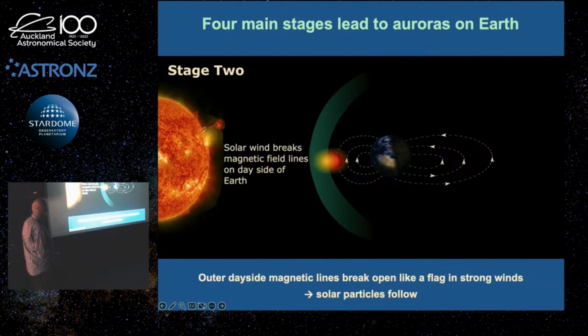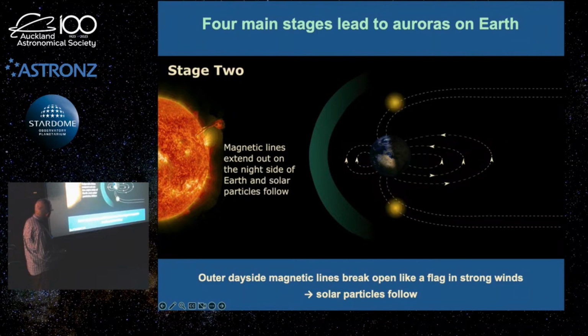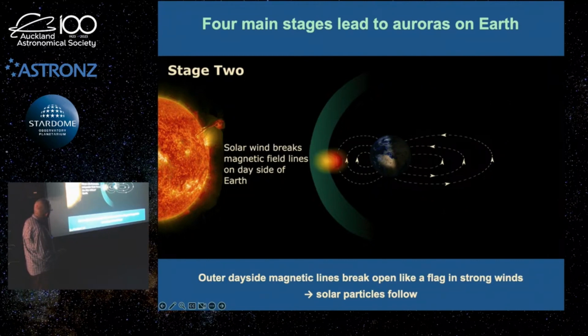Stage 2 creates the night aurora. The solar wind starts directing, like a flag almost flapping in the wind, the magnetic field lines backwards like that. Here are your charged particles coming back like that as the magnetic field lines are all being pushed.